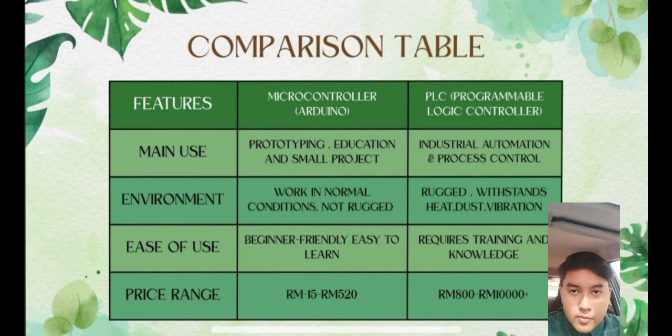But to use a PLC, you must have training and knowledge. In terms of cost, a microcontroller is cheaper, while PLCs are more expensive. Microcontrollers are best for learning, while PLCs are suitable for industry use.